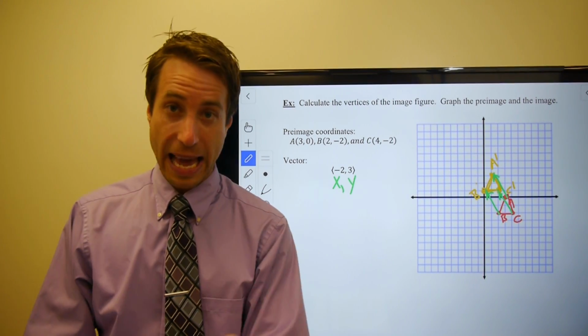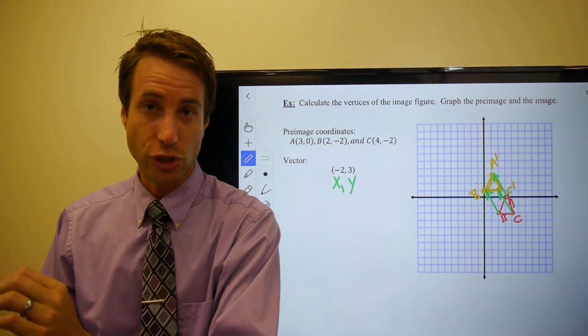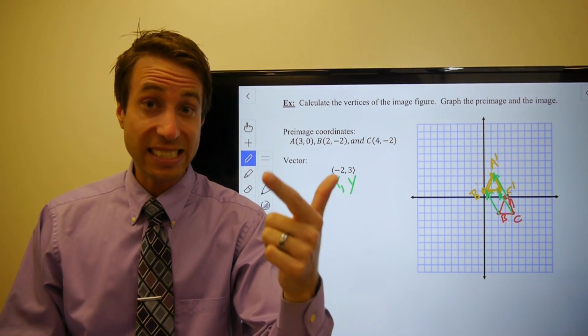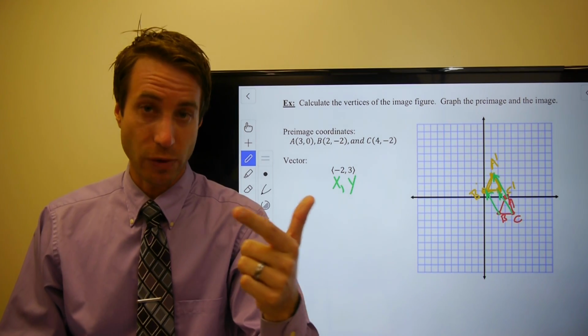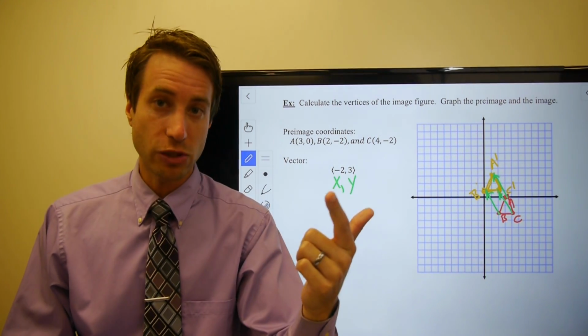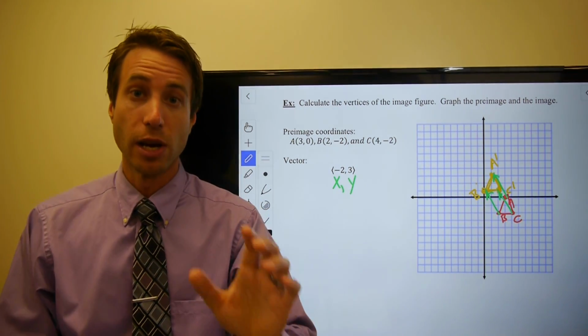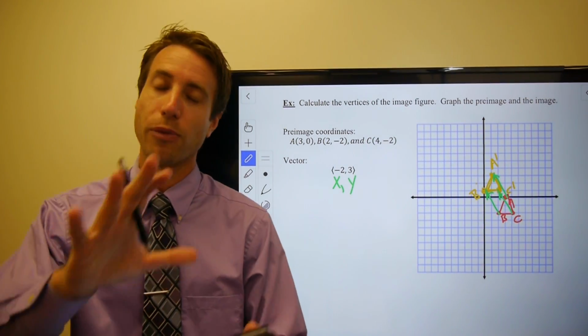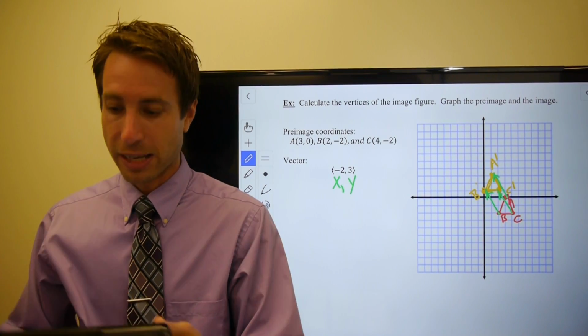Now, again, take a look at the problems we just did. Hopefully what you notice, shape and size have been preserved. We didn't change the shape, we didn't change the size, we simply changed the position of the object, mapping the pre-image to the image.